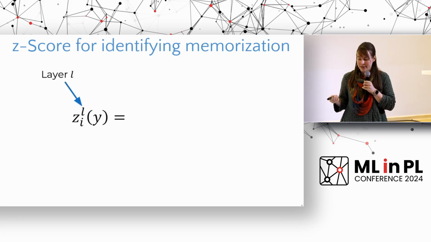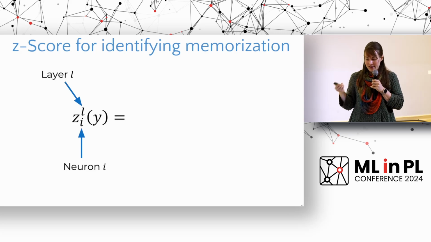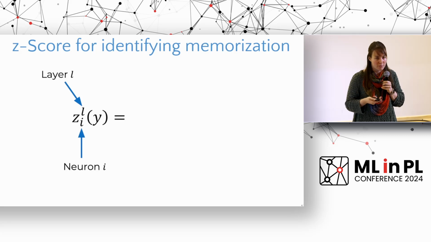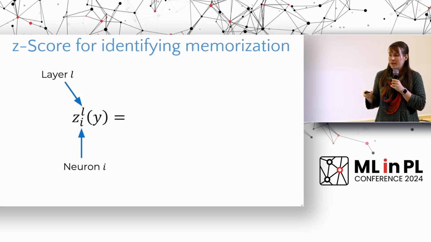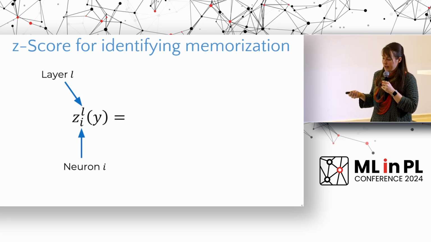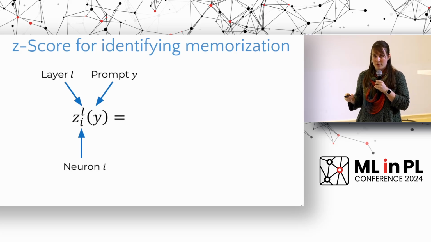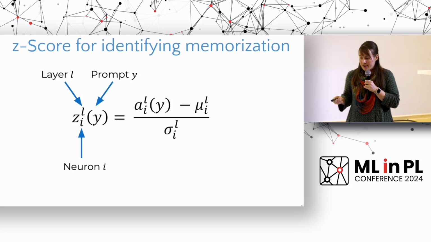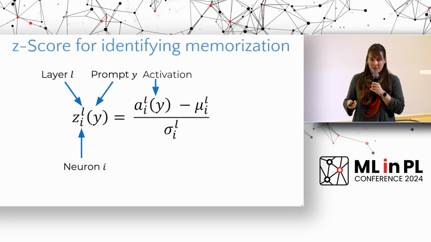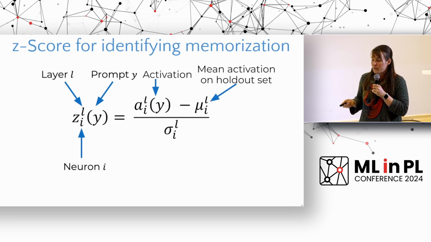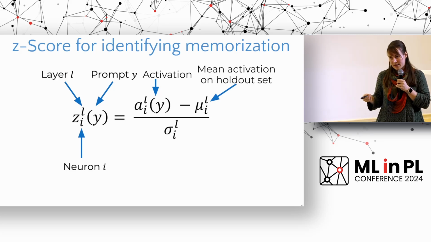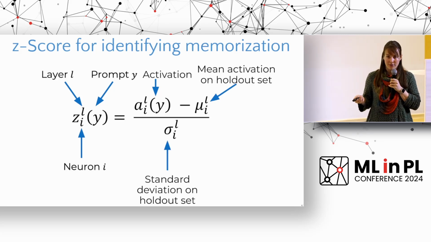So we look into every layer and every neuron, and in our work, because they have been shown to be most responsible for memorization, we look into the cross-attention layers. Then we infer a prompt which we want to find out whether it's memorized or not. And then we compare the activation of this particular prompt with the mean activation on a holdout set and the standard deviation on a holdout set.